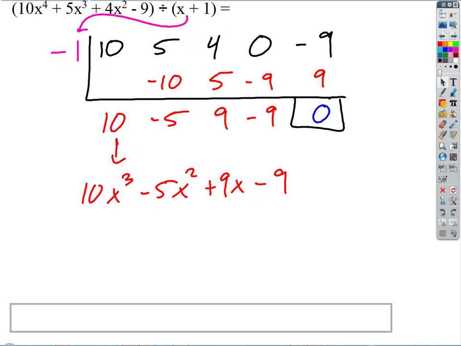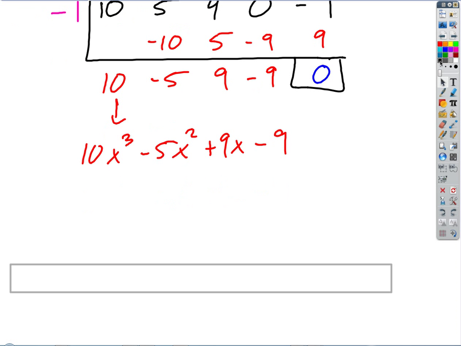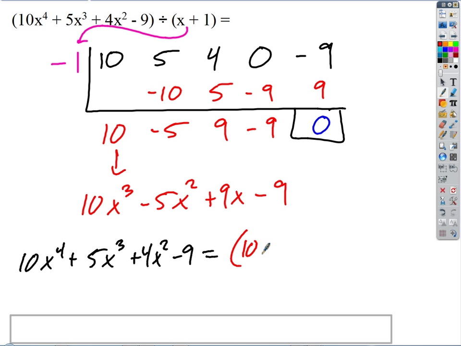So in other words, I can take my answer here and say the original polynomial. Now this is real important. Make sure you see this part. So the original polynomial, 10x to the 4th plus 5x cubed plus 4x squared minus 9 equals this guy times what? x plus 1.